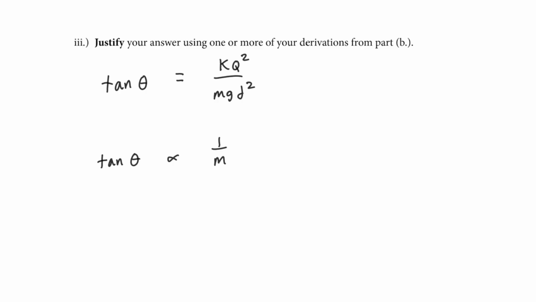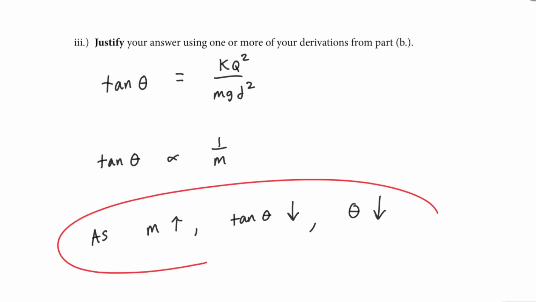So this means that as m increases, tan theta is going to decrease. And if we look at the graph, tan theta increases when theta increases. So this means that theta also decreases, which is what we expect. So that's it. There's some Coulomb's law for us.